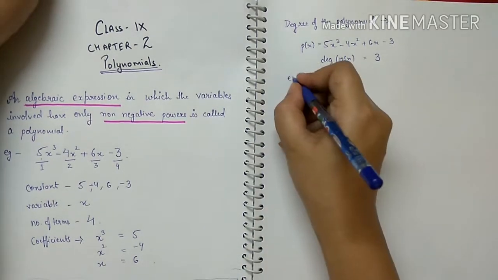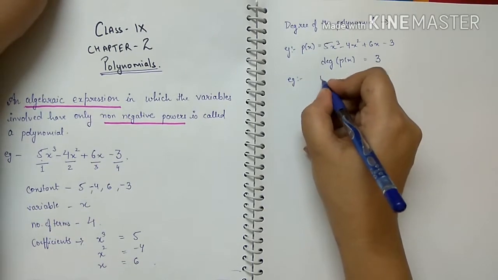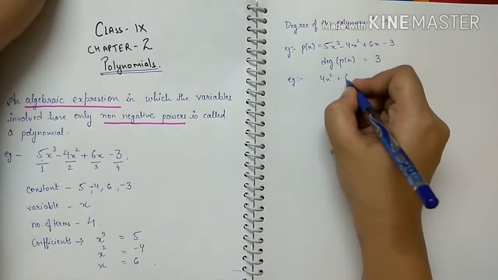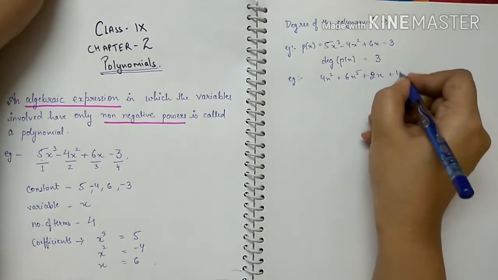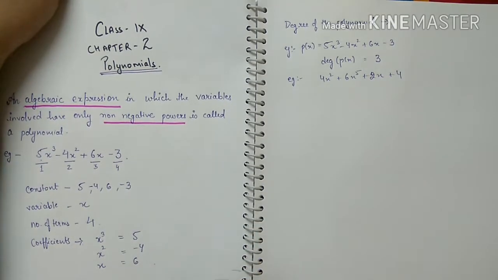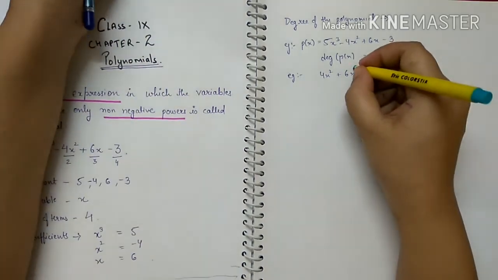Similarly, if we look at another example, 4x squared plus 6x to the power 5 plus 2x plus 4, the degree is not 2 because the highest power of x is clearly 5.